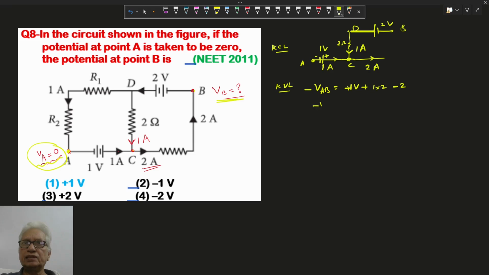So VA minus VB equals 1. VA is given as 0, so minus minus becomes plus, VB is equal to plus 1.